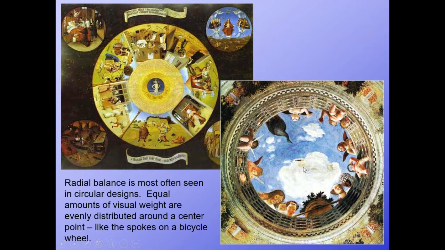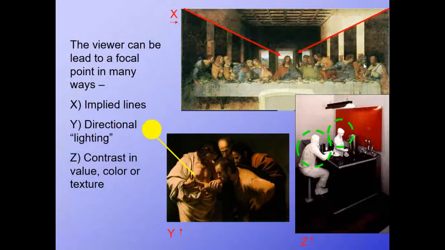It's kind of funny. This piece is a ceiling painting. You're meant to look up at it, and it creates a one-point perspective of depth and has quite a bit of foreshortening and these funny little naked Cupid babies. But it also is centrally focused, that there's about the same amount of weight radiating outward from that center point all the way around. Radial balance.